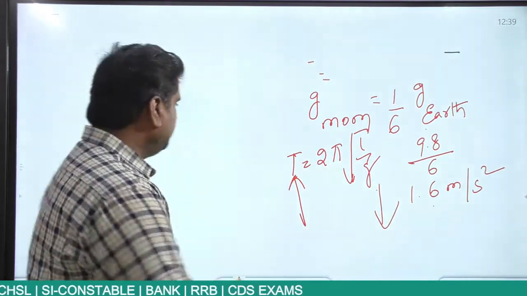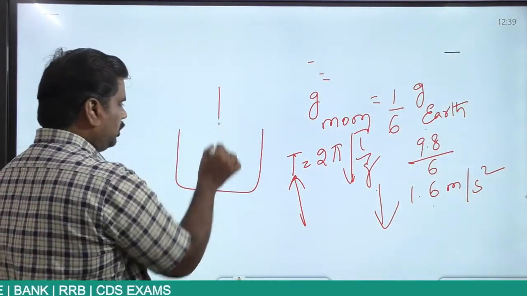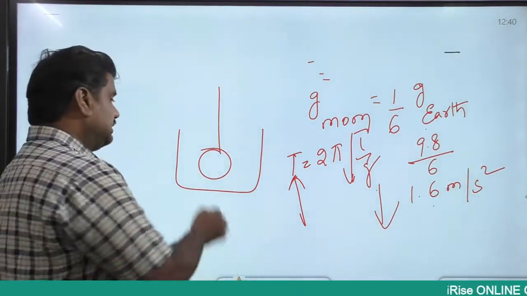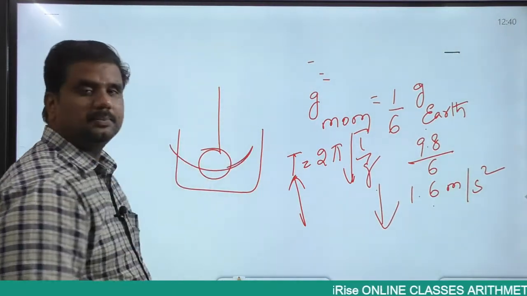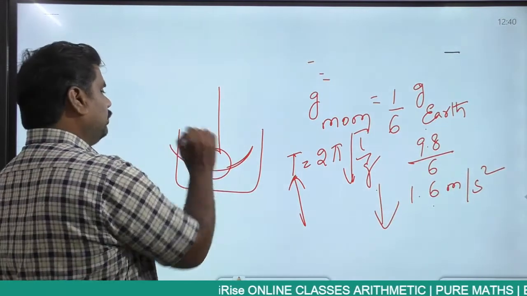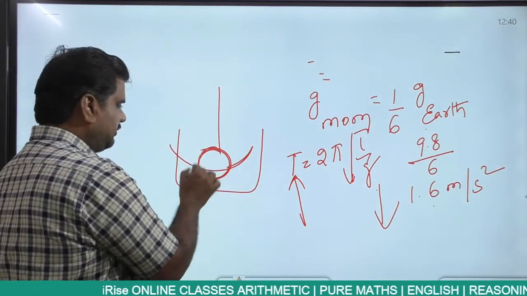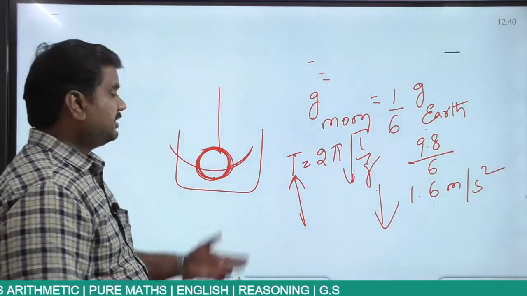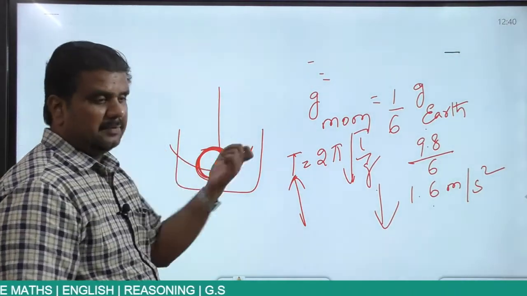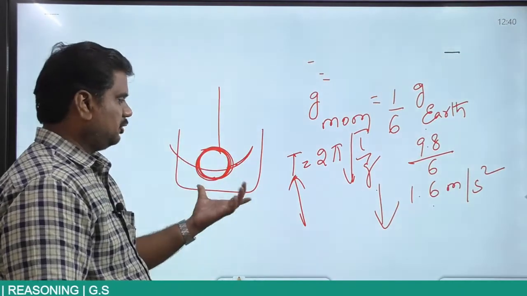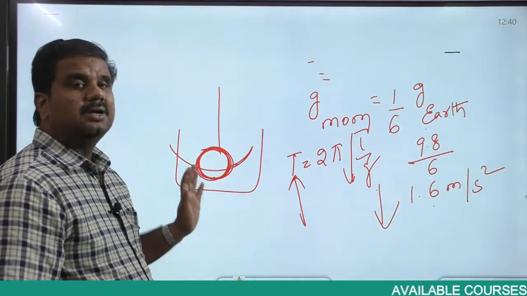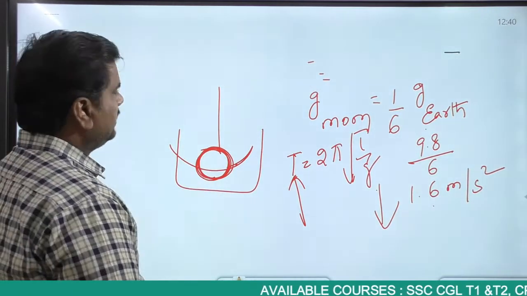Whenever a simple pendulum is placed in a bucket of water, time period increases because of fluid friction. The frictional forces exerted by the fluids cause the time period to increase.